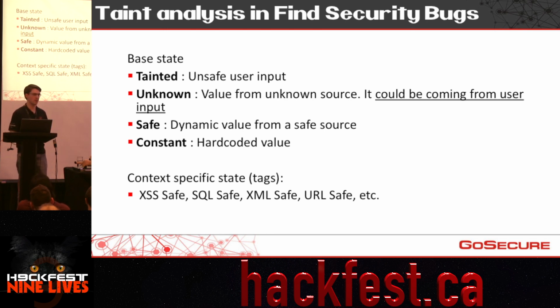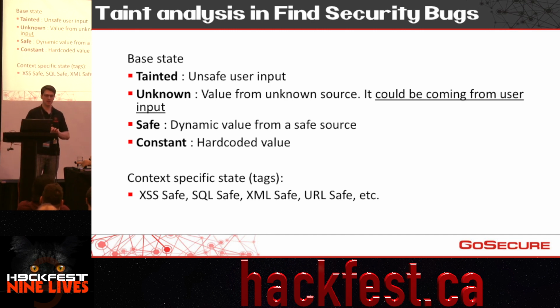Safe will be a variable that has been sanitized. So for example, if you have a string that you cast to an int, at the point where it's an int, it can be passed to any query language. We'll be pretty sure that there's no injection possible. Constant will be hardcoded values. So if we have a lot of conditions, but in the end, we're just concatenating constant strings, there won't be a potential exploitation, for example, for SQL injection, if it's always a combination of constant values.